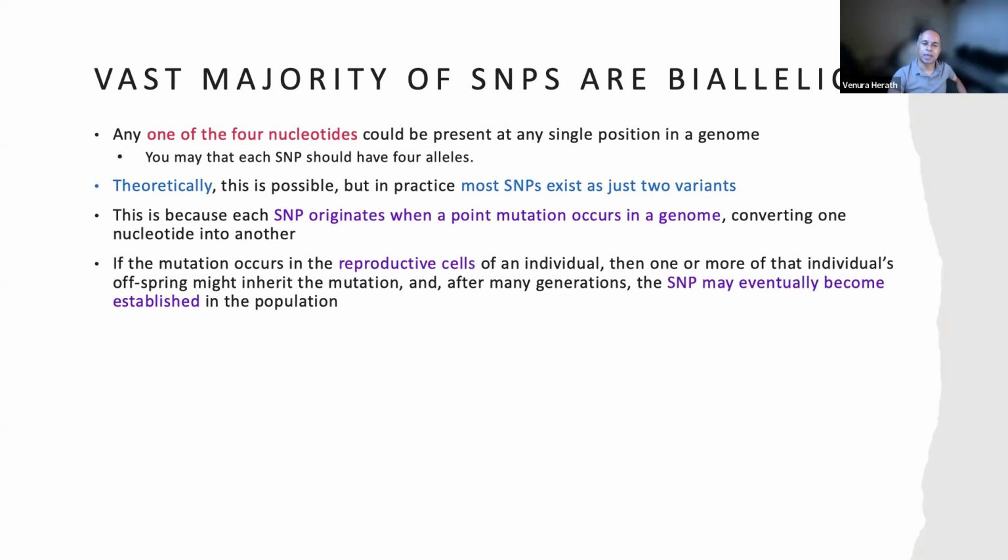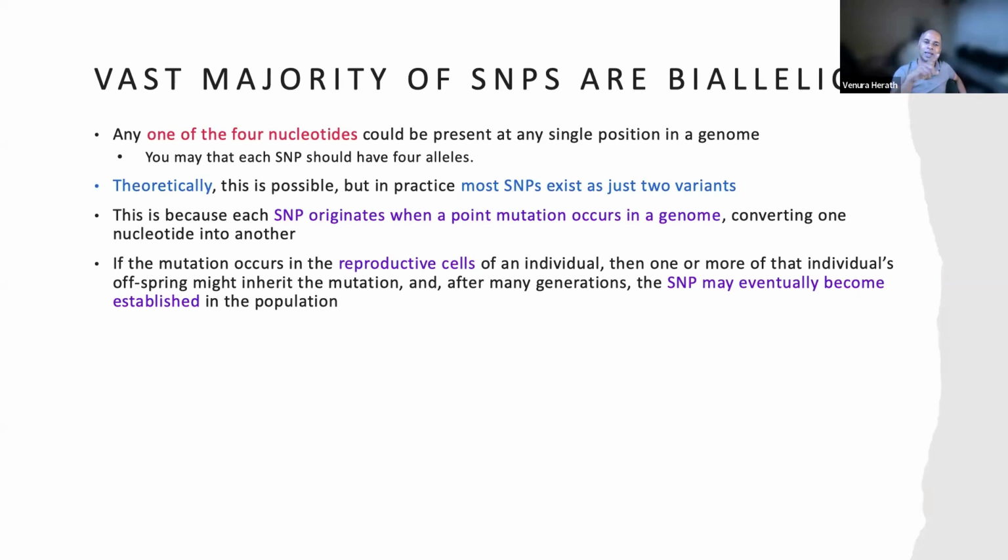But if this happens in a reproductive cell, one of the offspring of that mother or father is going to inherit that mutation. If the mutation is not lethal and that person produces more offspring, this allele will spread across the population and become established in that specific population.